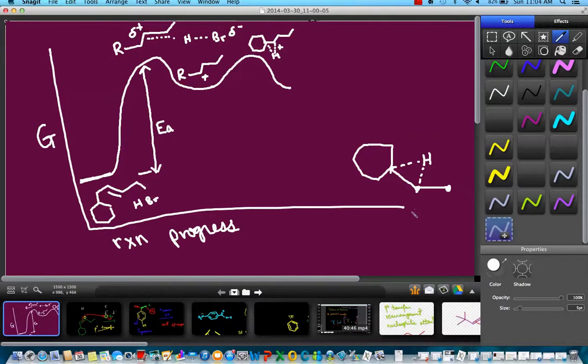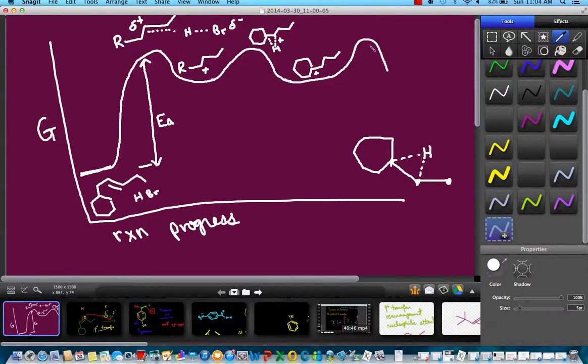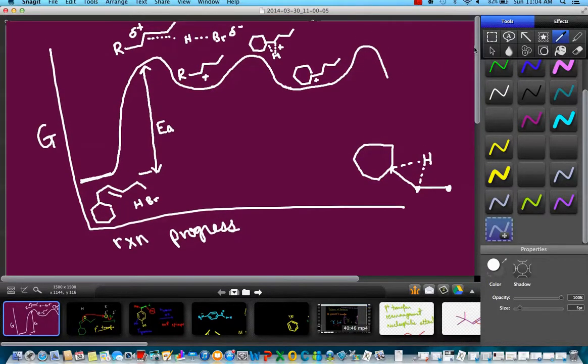So that's how I show the rearrangement. And of course, the next intermediate will be the most stable carbocation. The last transition state will be where I make the carbocation-bromine bond.